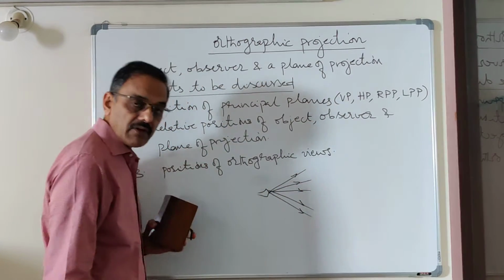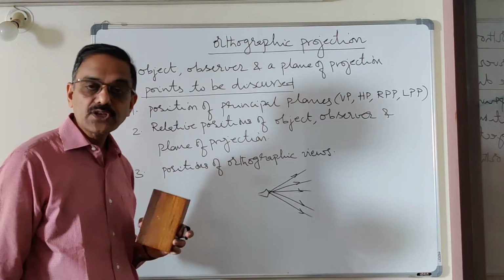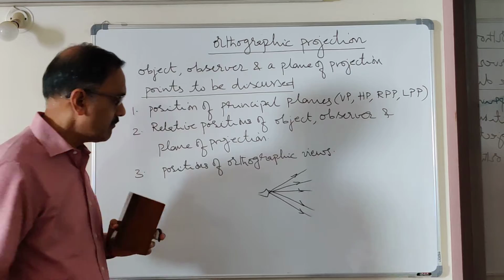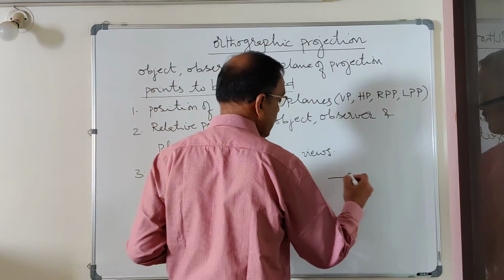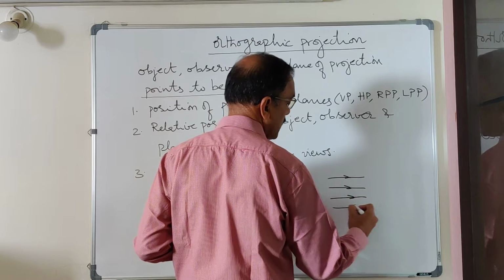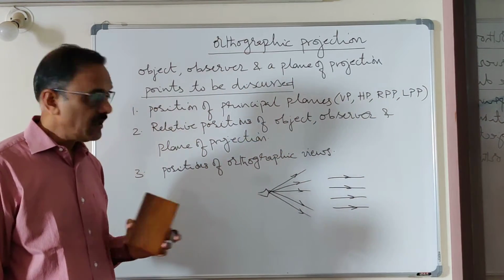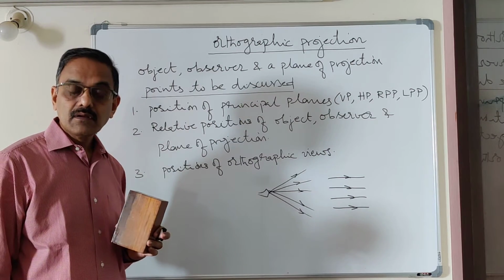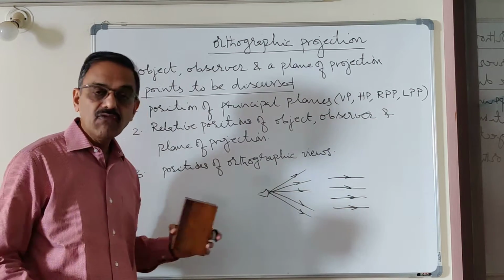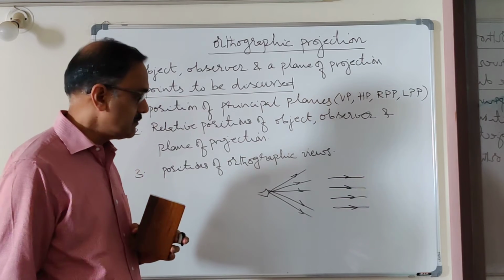But in orthographic projection, the requirement is that all these rays are imagined to be parallel to each other. So in orthographic projection, these are the rays coming out of the eye of the observer. Now, when is it possible? This is possible only when the observer is imagined to be at infinite distance from the object.